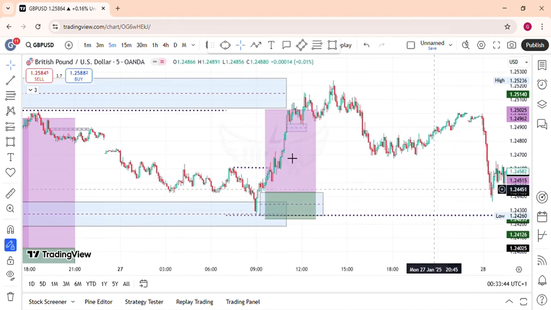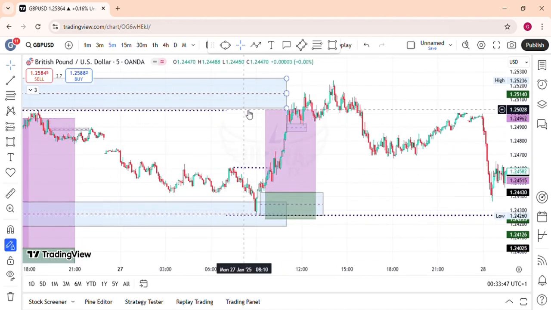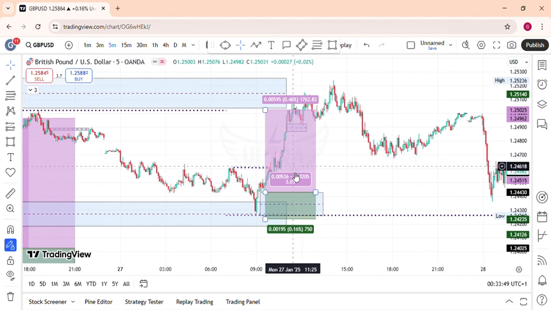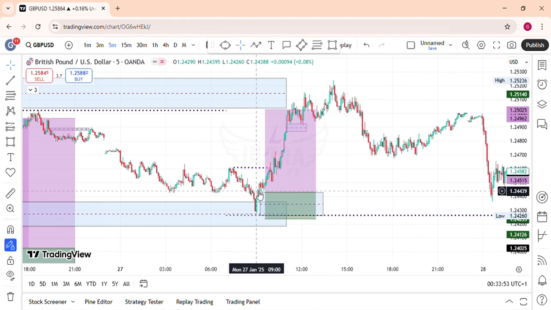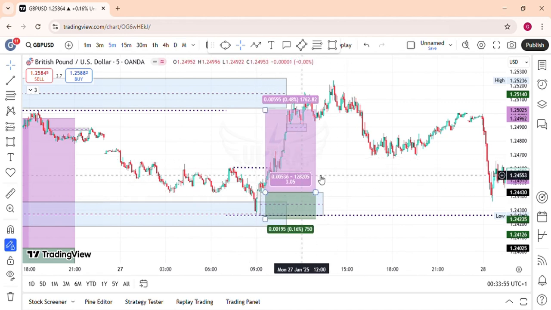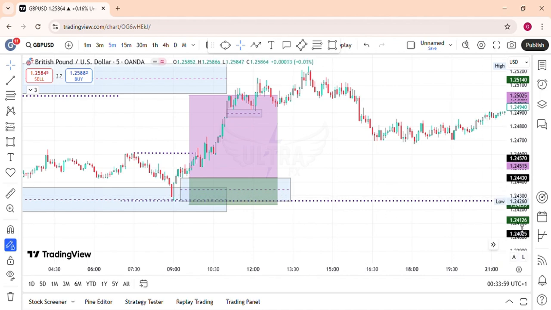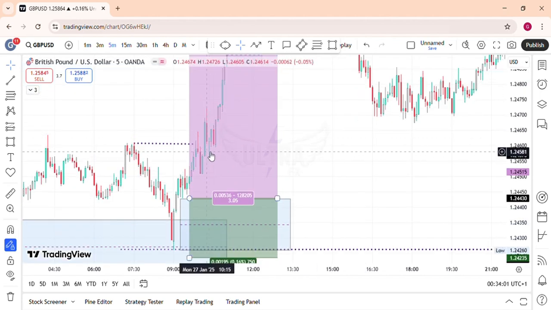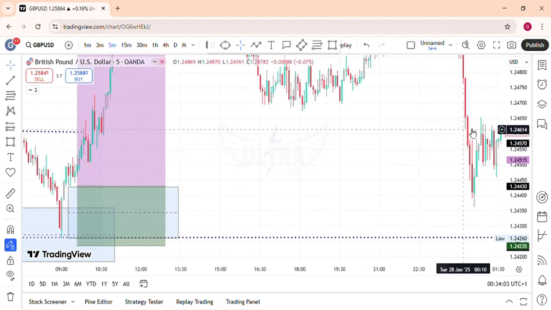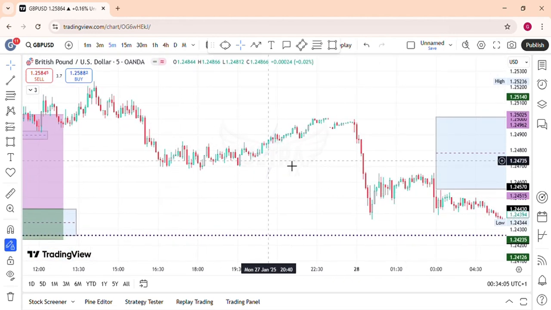So you can see this is a risk reward of 3.05, but the market did not tap into it again. Instead, market used this fair value gap right here to take the trade. So that was gone. And the next one we have is this.